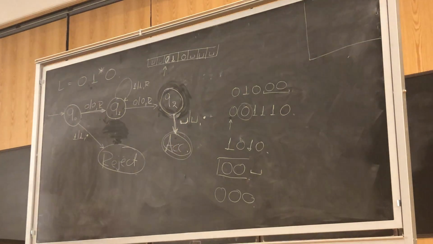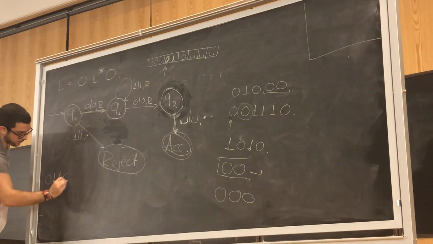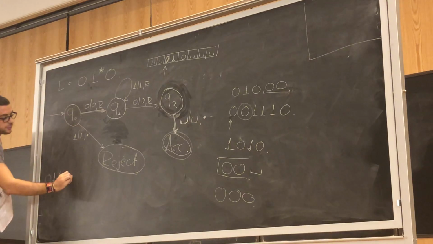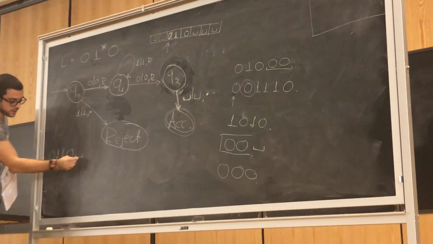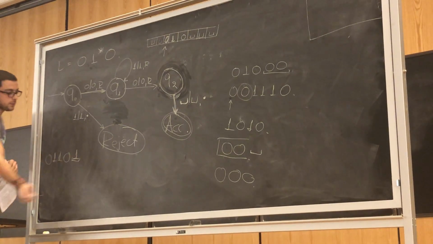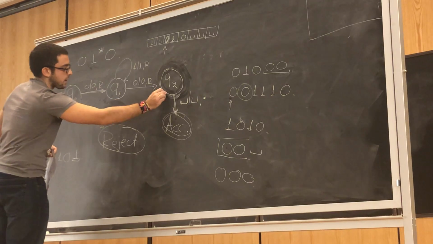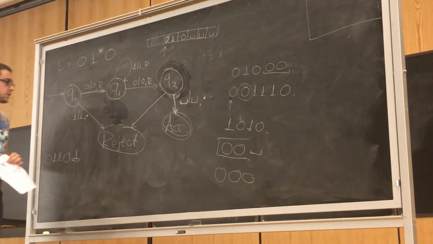What if my tape is not empty? So if I have this string that I should accept and will get me to Q2, but after that, I don't have the empty character, but I have a 1. I should reject it. So from here, I should go to the rejection state.